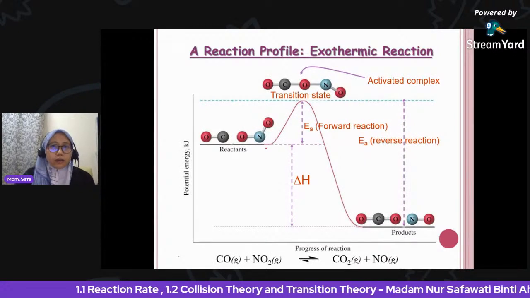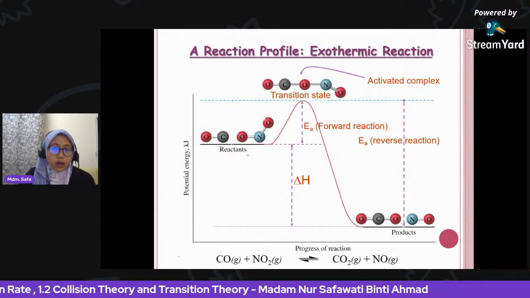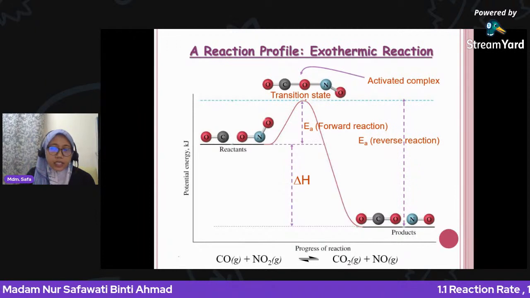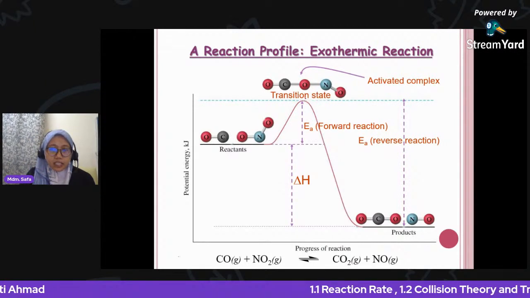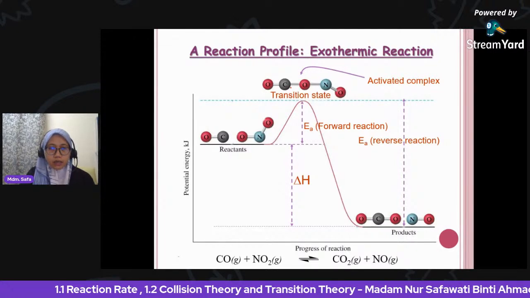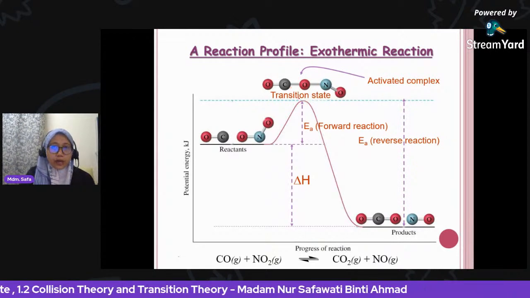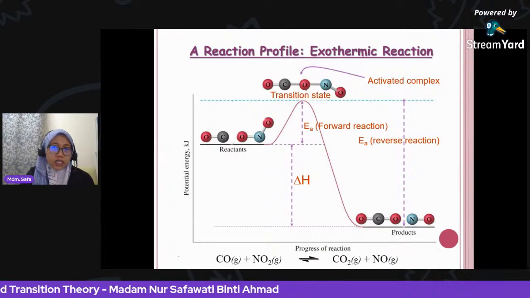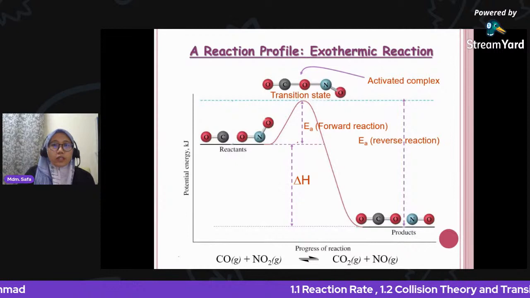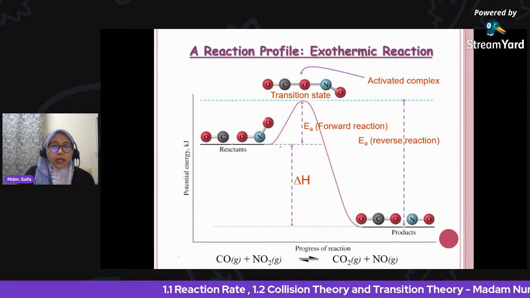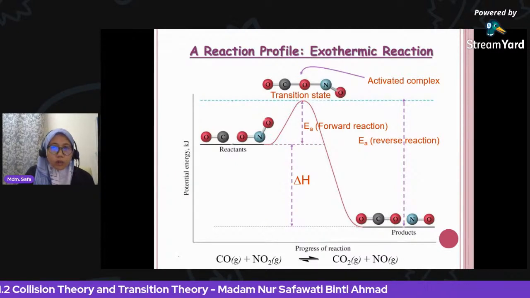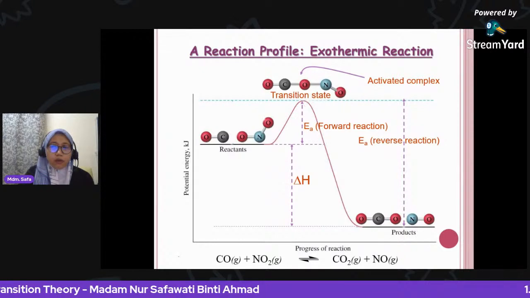Ini satu lagi penting, iaitu kita tengok kat sini kita ada reactant and then kita ada ke atas sekali, the highest potential energy here is the transition state. Pada transition state, kita ada dua benda yang berlaku iaitu bond start nak form and then ada start nak break. So the species at the transition state adalah activated complex. Kita panggil dia activated complex. So here the EA forward adalah daripada reactant, garis kat sini reactant until the top here, until the transition state, itu adalah EA for the forward reaction.